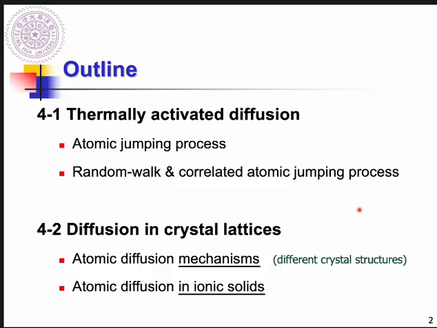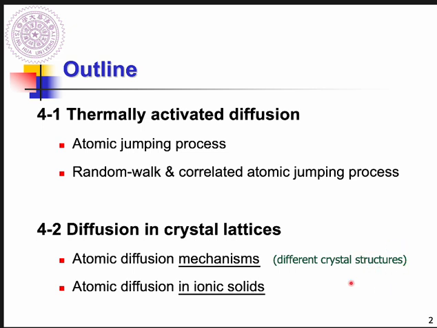The first section, we are going to talk about thermally activated diffusion, which means diffusion driven by thermal energy. And the second part, we will talk about the diffusion process in the crystal lattice. So we are going to introduce several atomic diffusion mechanisms, also in different crystal structures, for example FCC, BCC, and HCP.